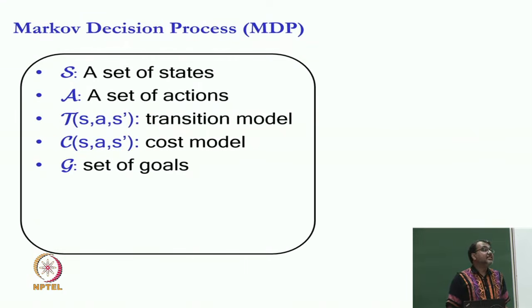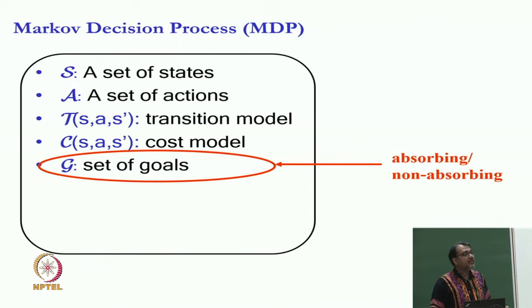Then I may be given a set of goals, and in fact, the model is so general that it can deal with absorbing goal and non-absorbing goal, which basically means you reach this goal and you are done, or you reach this goal, you get some value from reaching it, you carry on and now achieve the next goal in life. The model can handle all of that.